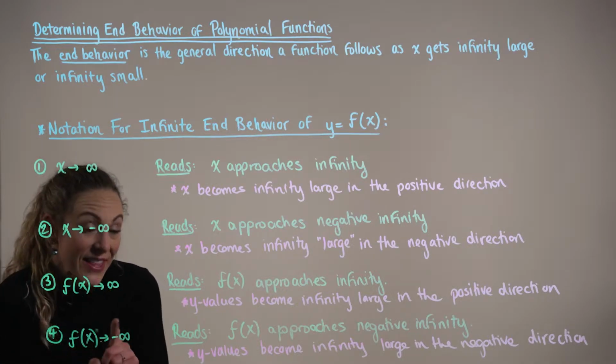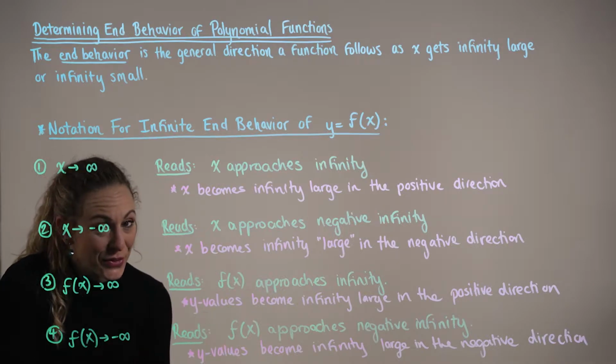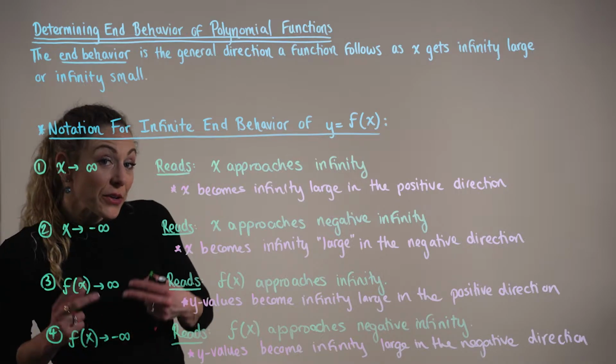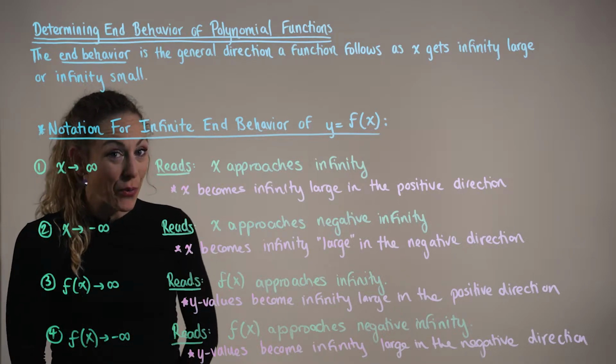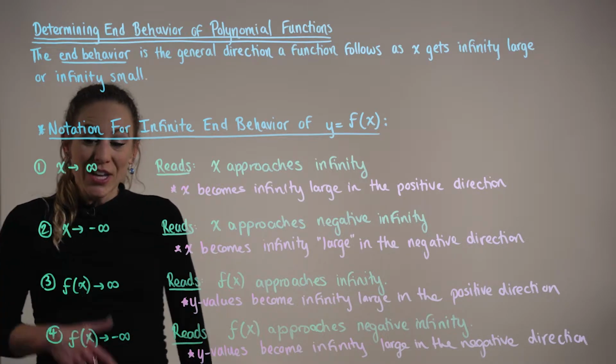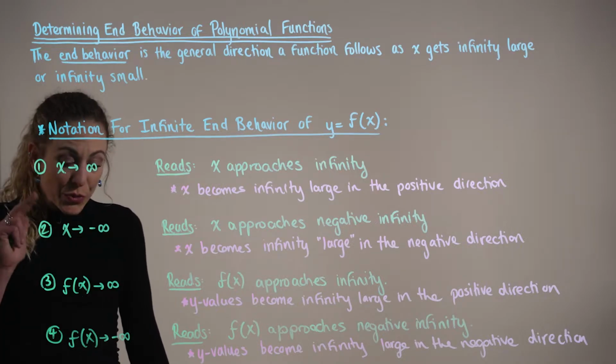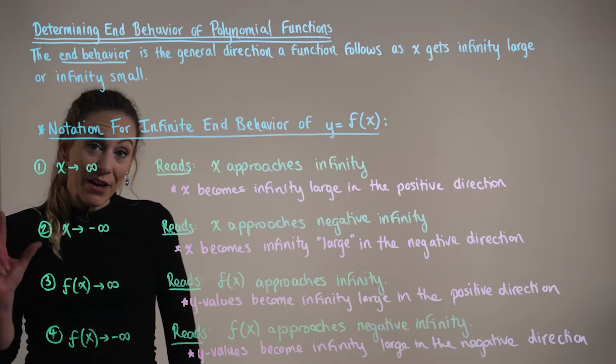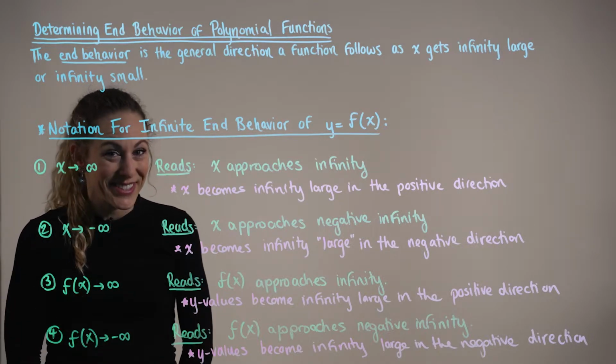So in this case, the y values are going infinitely small in the negative direction. So in other words, these values of y are decreasing without bound. So now that we've established new notation for infinite end behavior, let's go ahead and see how this applies to polynomial functions.